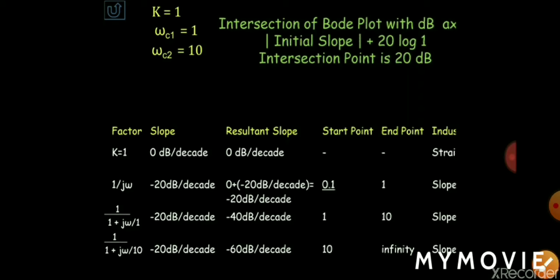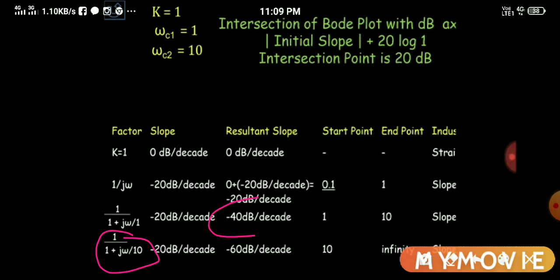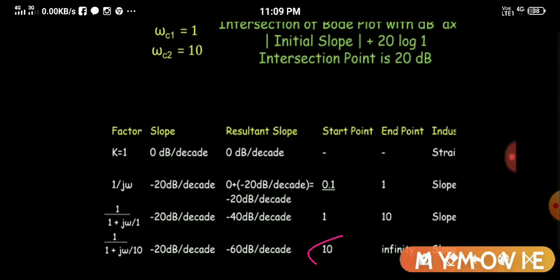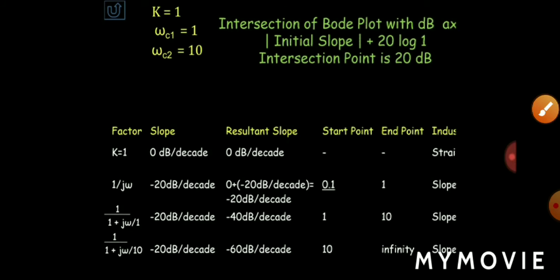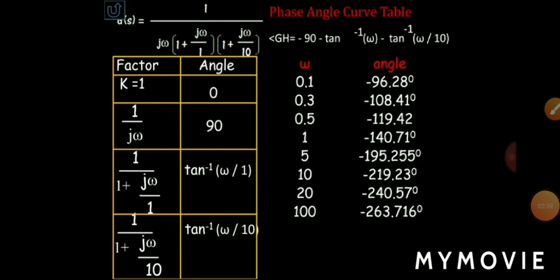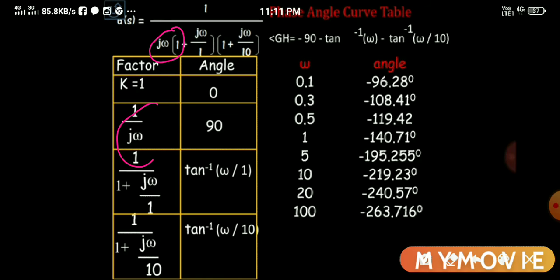Here the starting point is 10, because previously the end point was 10. We take the same value as the starting point. Then there is no next omega c3, so it becomes infinity.